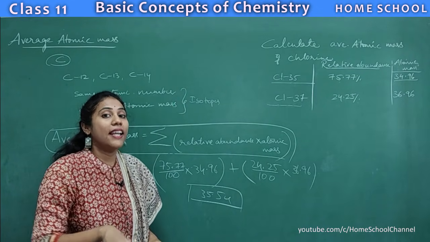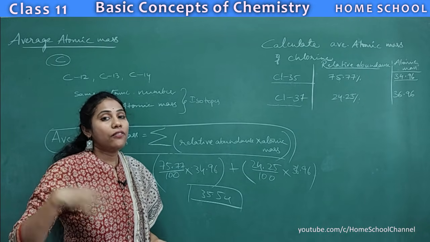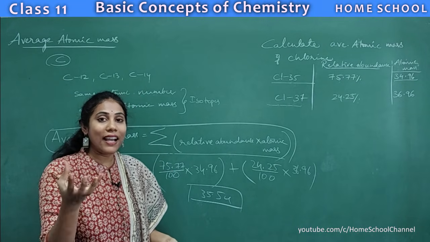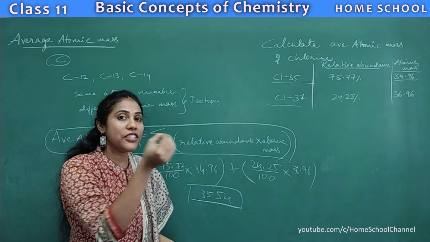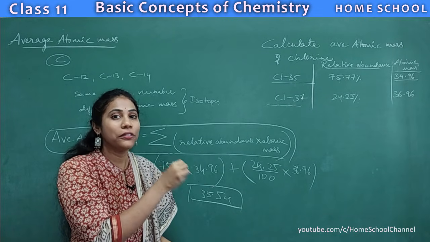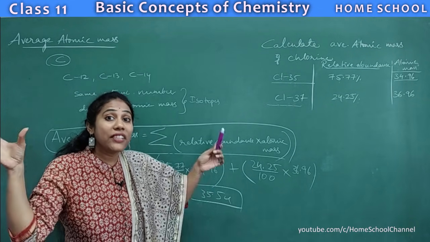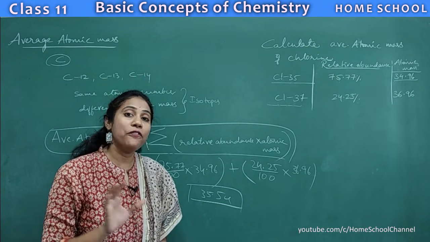Then we say one oxygen atom is 16 times heavier than 1/12 part of a carbon atom. That is the meaning of 16. But how has 16 come? There are 3 forms of oxygen. You have not taken the mass of any one form of oxygen; you have taken the average of all 3 isotopes of oxygen.